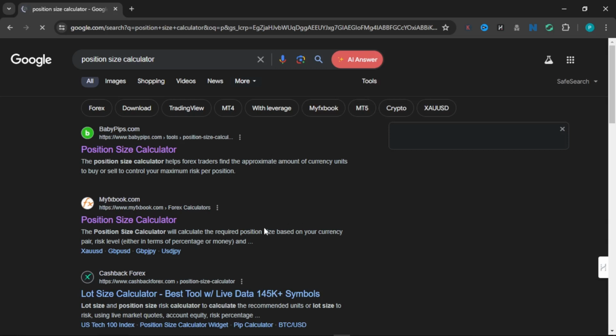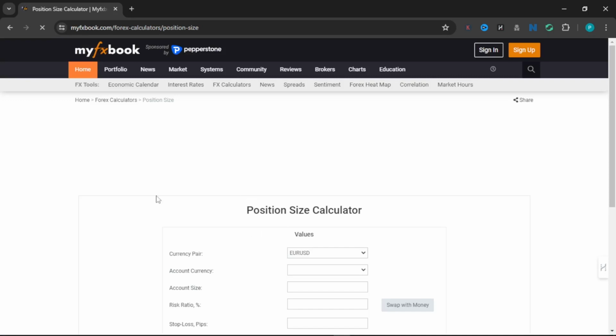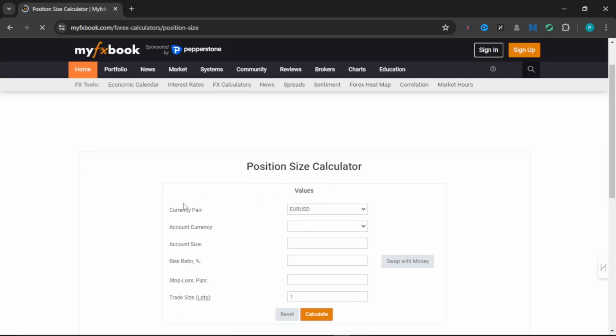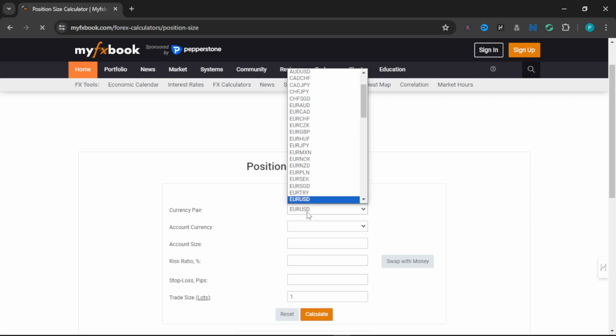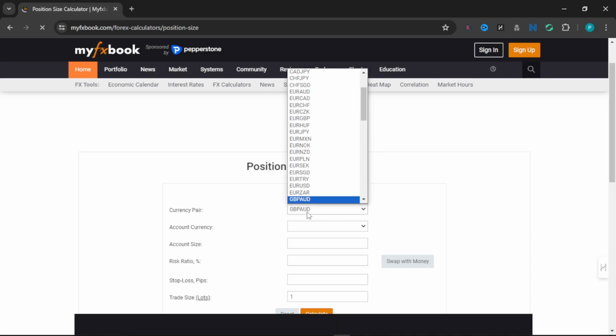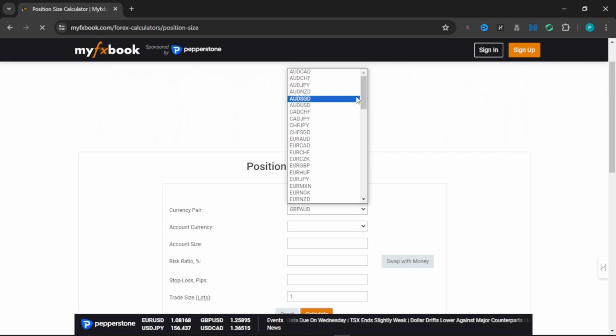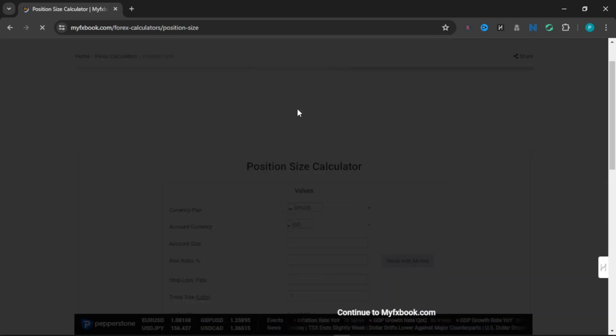So once you come over here, go to this other website here called MyFXBook. So once you come over here now, you have some information to fill in. Currency pair. So it's simply GBP JPY. So let me look for GBP JPY. Okay, let me search for it again.